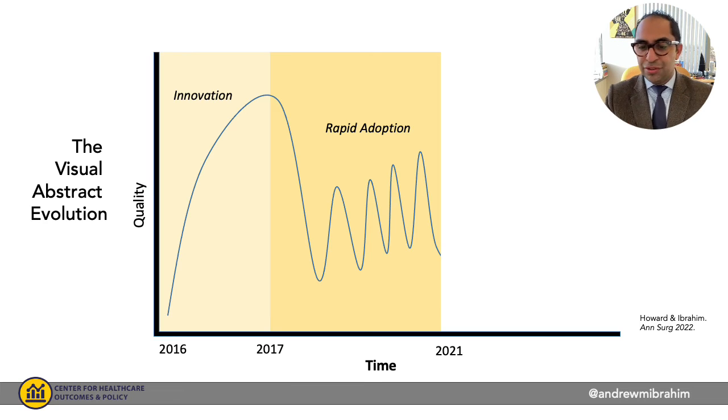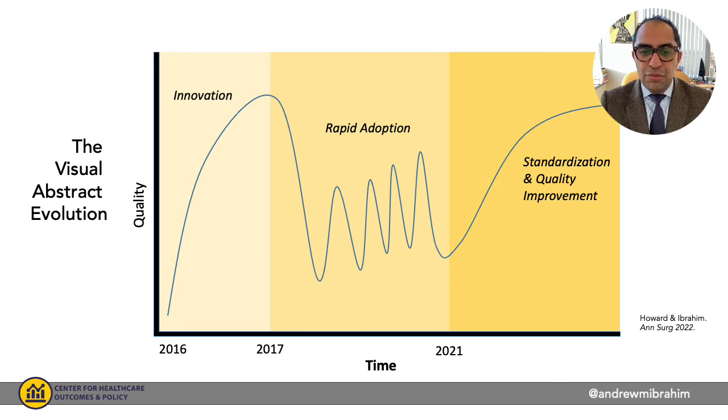This journal, that journal, this institute, this different university. And there's really a bunch of ebbs and flows in quality. And I think the era that we're moving to now is really standardization and quality improvement. You'll now notice that many journals have their own staff and editors who manage visual abstracts, curate them, make sure the content's accurate as a way to improve the quality across the board.